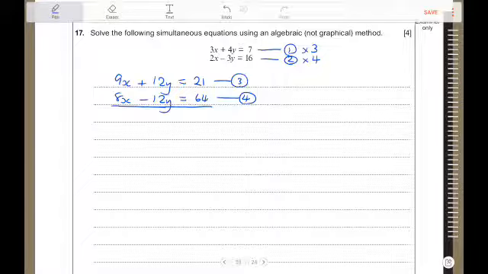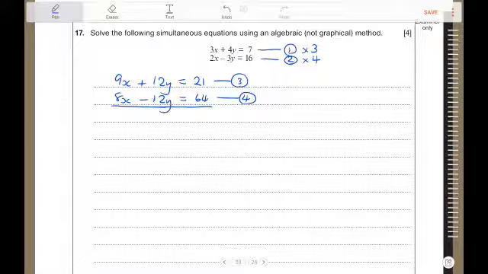And now we decide whether to add or subtract the equations to eliminate my y's. Now, if we use a bit of logic and a bit of common sense, if I add plus 12 to minus 12, that's going to give me 0, and that's what I want. If I made the mistake of subtracting, then what I would get would be 12, take away minus 12. Well, when you subtract a negative, that has the effect of adding, and I'd end up with 24y.